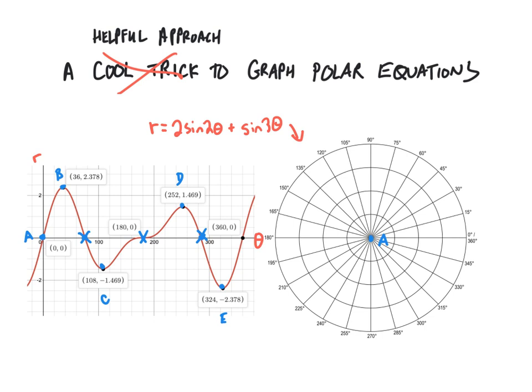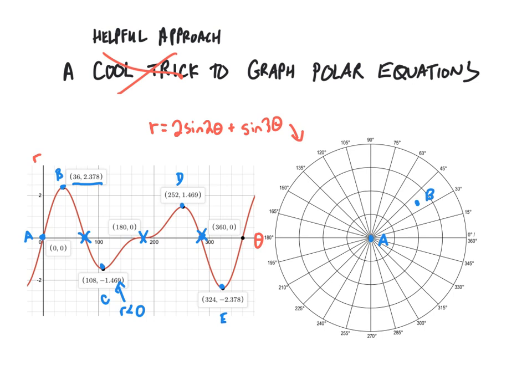Okay, so in plotting point B, I see it has an angle of 36 degrees and a radius of about 2.4. So 36 degrees, 2.4 might be right about here, so I'll plot point B. And then I'll plot point C. Now point C, you want to be a little careful because you notice that with point C, the radius is less than 0. It's about -1.5.